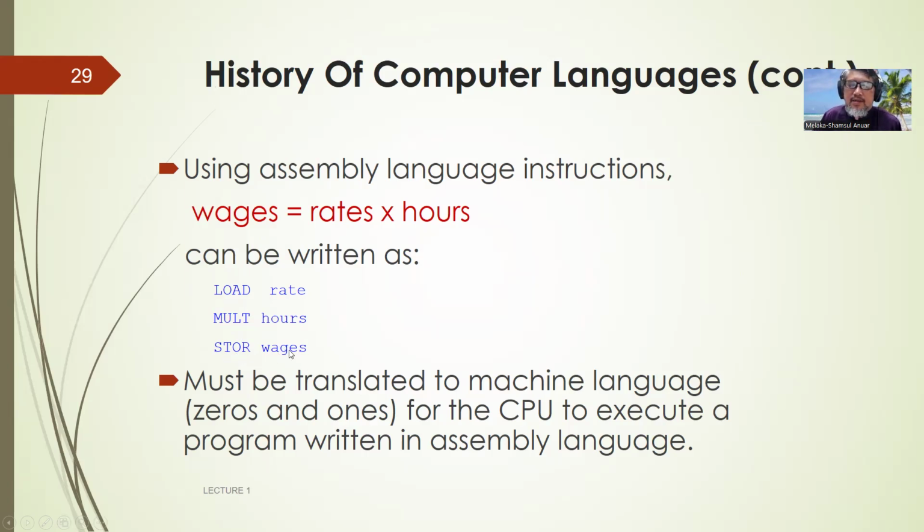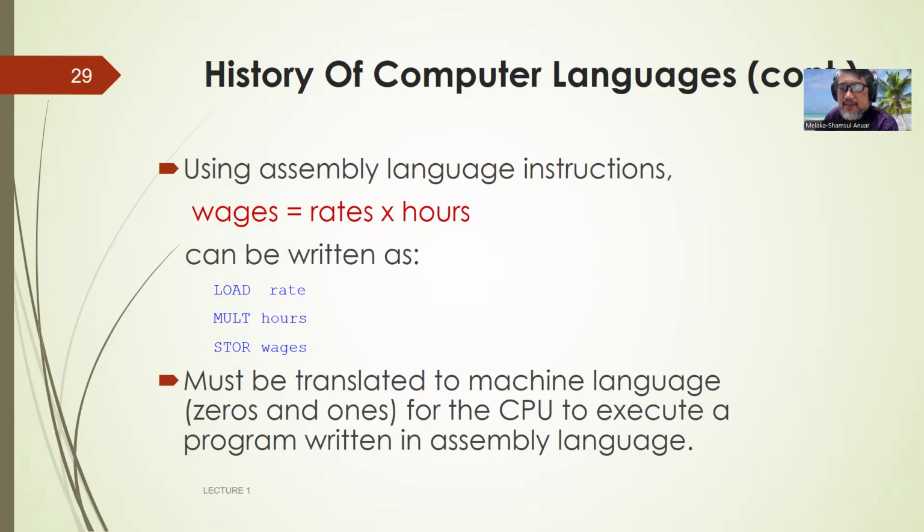So there's a variable name called rate, and there is another variable name called hours. So we load the rate variable, and then multiply with the hours variable, and then we store that as wages, which is another variable.